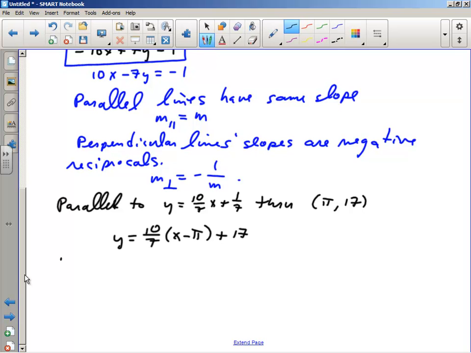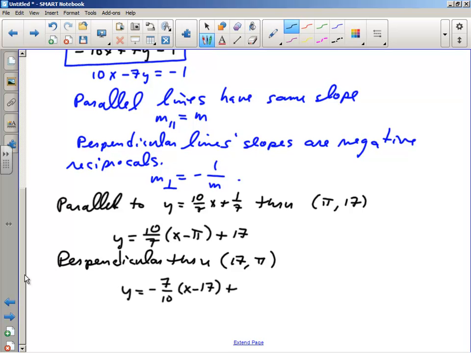Done. Perpendicular through (17, pi): y equals minus 7/10. See? Negative and flip it. x minus 17 plus pi. Done!